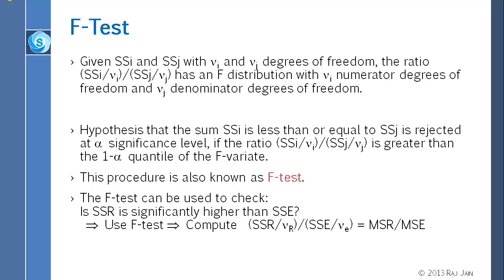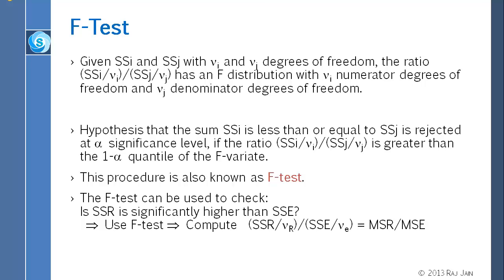There are 3 F tables: one for 90%, one for 95%, and one for 99%. Let's take the first one, which is 90%. The way you read this table is that you have a numerator degrees of freedom and a denominator degrees of freedom. You look at the numerator degrees and denominator degrees, find the value right there, and then compare that with the ratio that you're trying to compare.